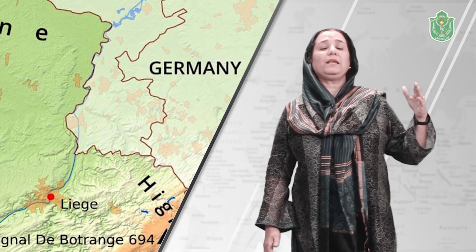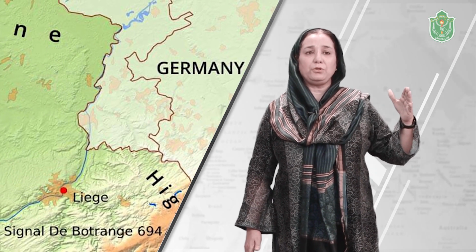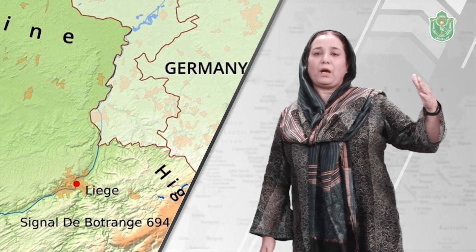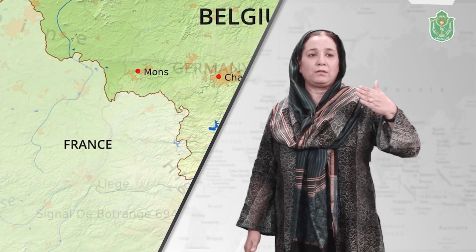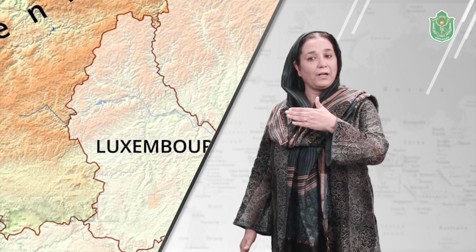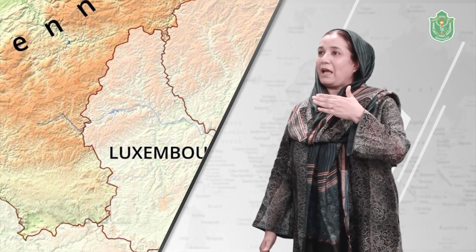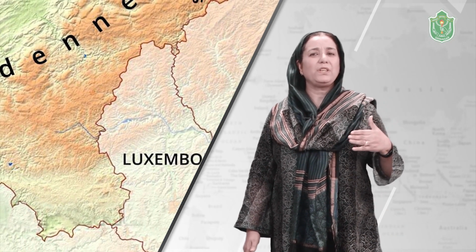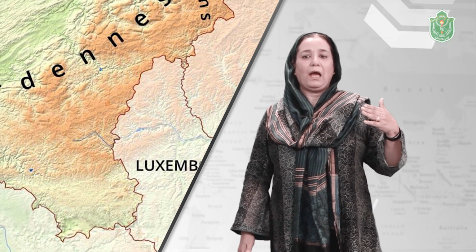Now when we were discussing the neighbors, you know well about Germany and France. It also has a neighboring country, Luxembourg, that, children, is a developed country with an advanced economy, and it has one of the world's highest GDP.